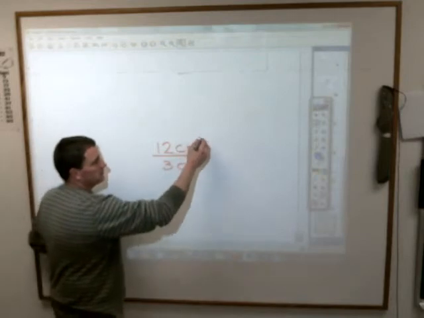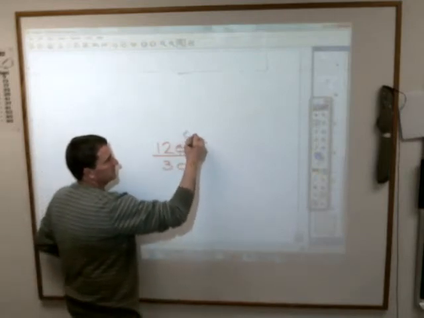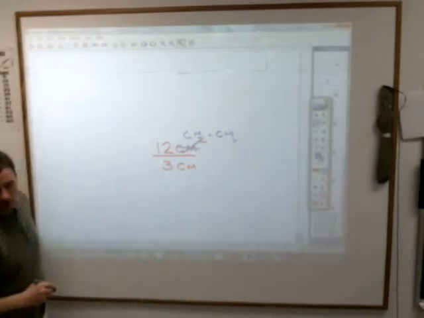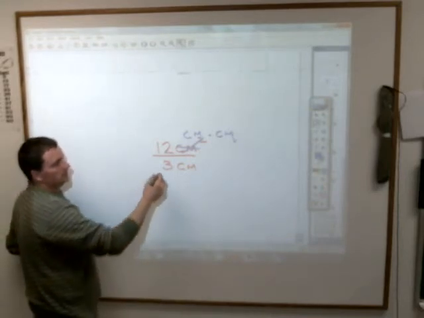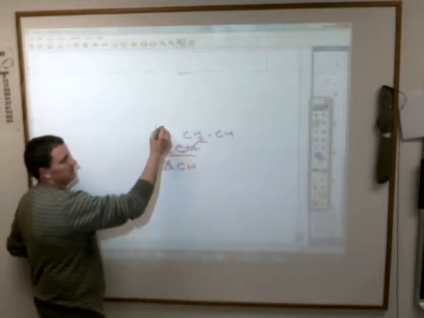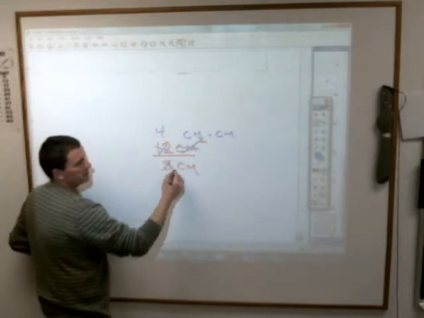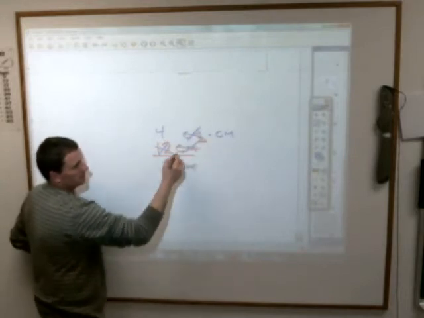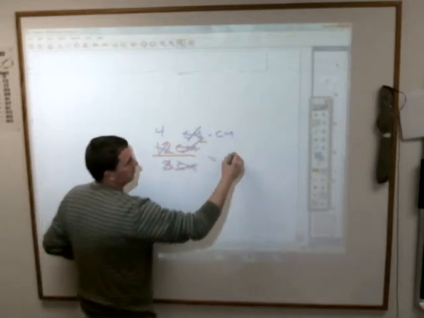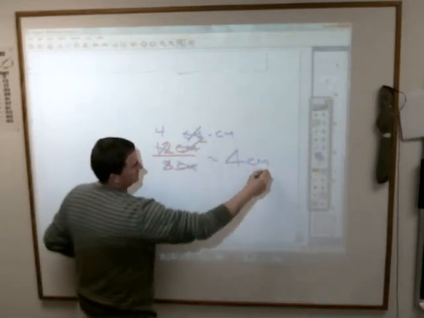Knowing that centimeters squared means you have centimeters times centimeters. Kayla, you got? 8. Now 3 goes into 12 how many times? 4 times. This 1 centimeter will cross off with one of the 2 centimeters up there. So you're left with just 4 centimeters.